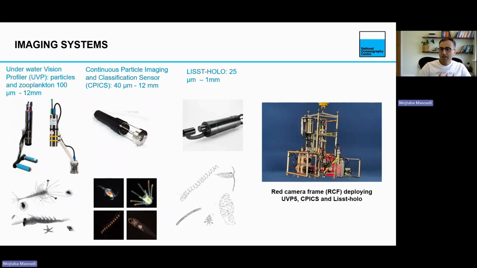On the right side, you can see the red camera frame. We use that frame for deploying different imaging systems at the same time. For example, in this picture, you can see we are deploying UVP5, CPICs, and LISST-Holo at the same time as a profiling.